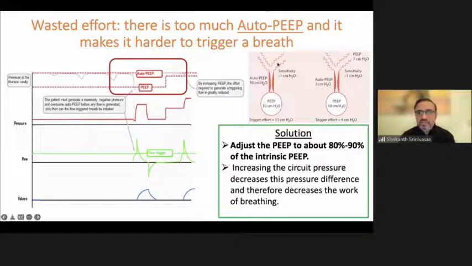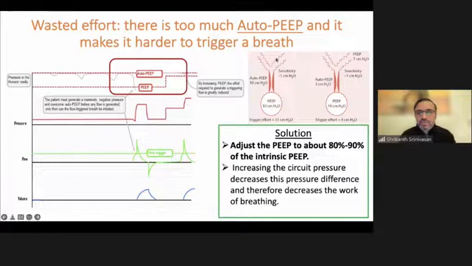So effectively, this behaves like what's called a Starling resistor. A Starling resistor is a rigid tube above, a relatively rigid tube below, and a collapsible segment in the middle. So just because of loss of traction, there is auto compression of these collapsible airways, especially in COPD, which leads to expiratory flow limitation.